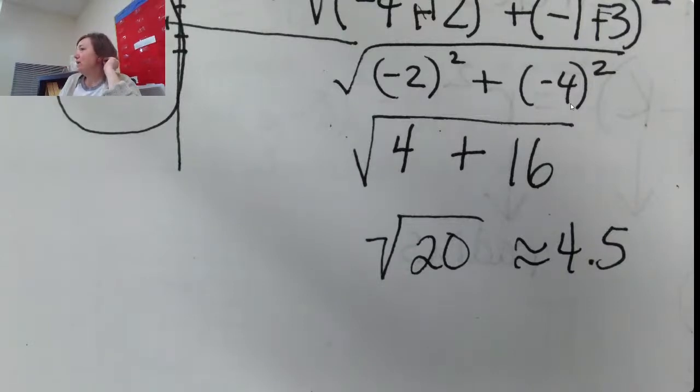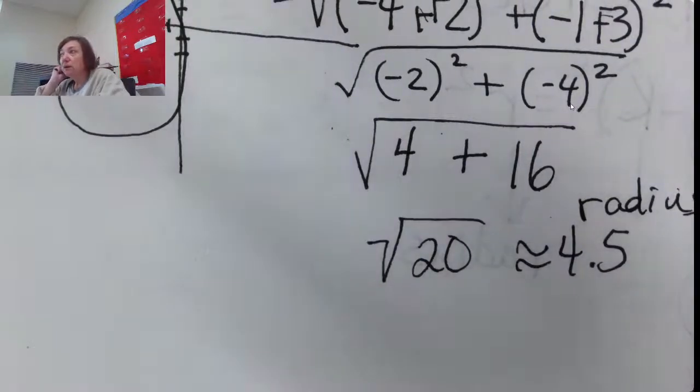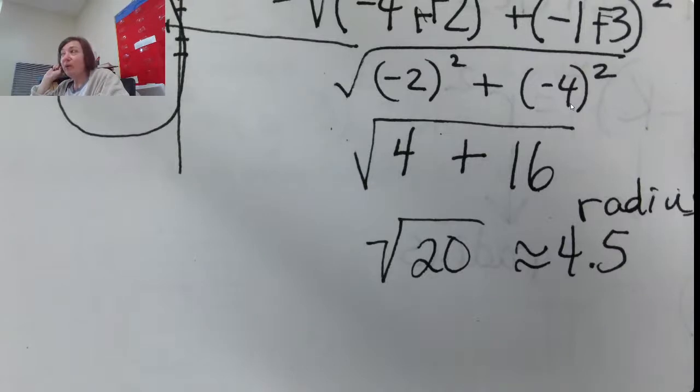Now, there's a reason I'm asking you to take the square root of 20. Because remember, when we write the equation of a circle, this is our radius, but what do we do with that? To write the equation of our circle, what do we have to do with it? Not square root it. What do we have to do for the equation of our circle?